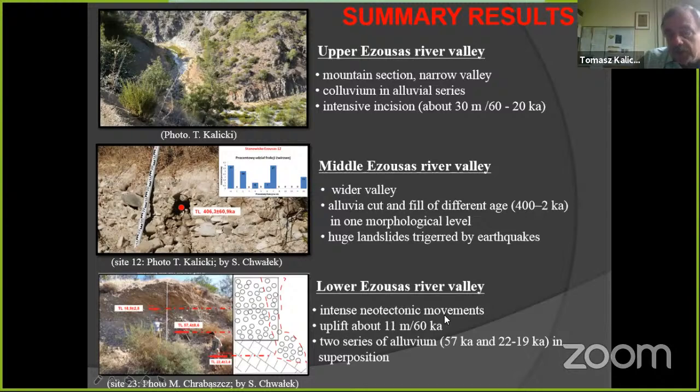And in the lower Azosas, we have intensive neotectonic movements with uplift of about 11 meters per 60 Ka and 2 series of alluvium in superposition in this territory.